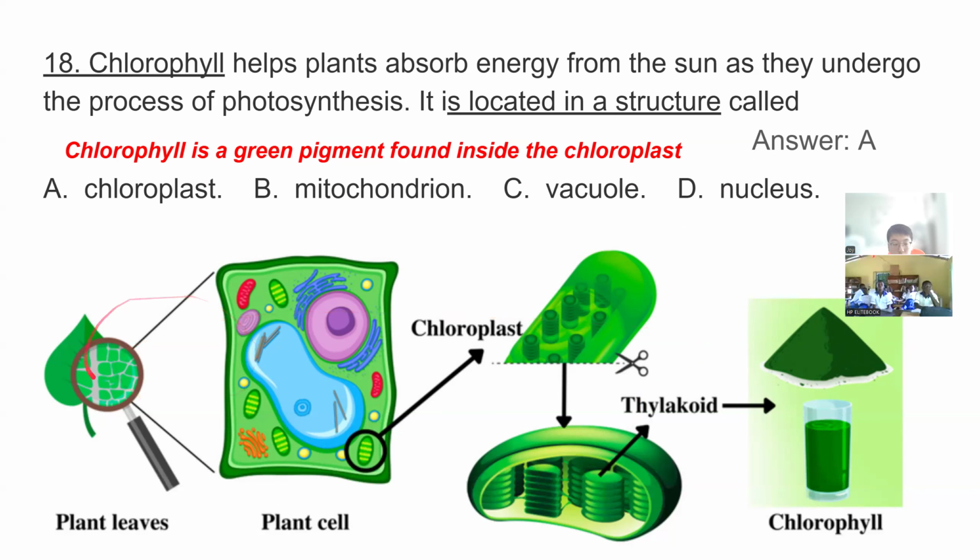So we can zoom in from the plant leaves to individual cells, then to chloroplasts, then to the thylakoids, and we can finally see the chlorophylls.